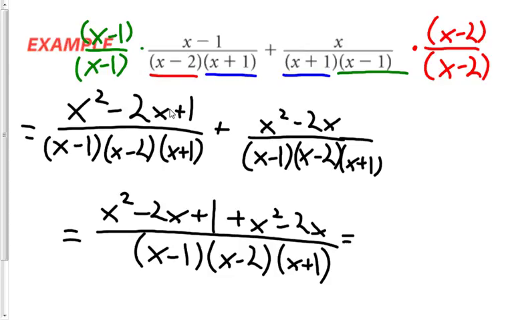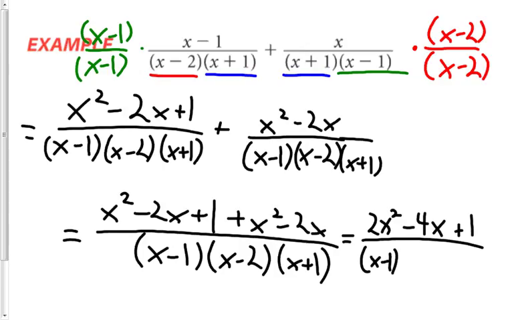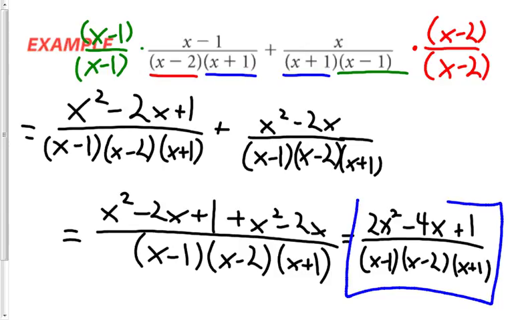This equals 2x squared minus 4x plus 1 all over x minus 1 times x minus 2 times x plus 1. And this is our final answer in this example.